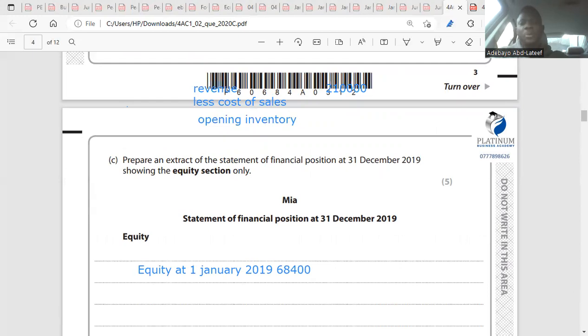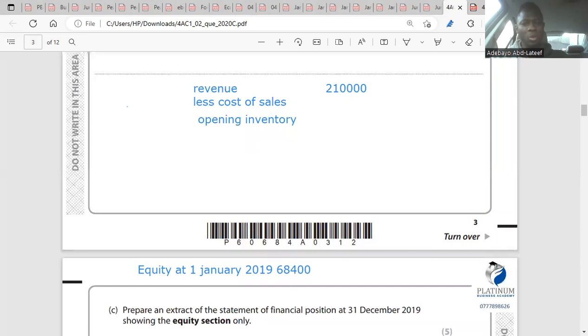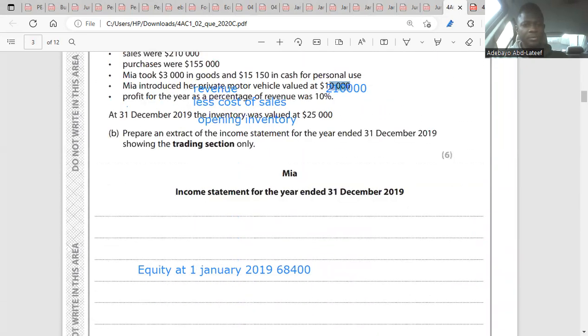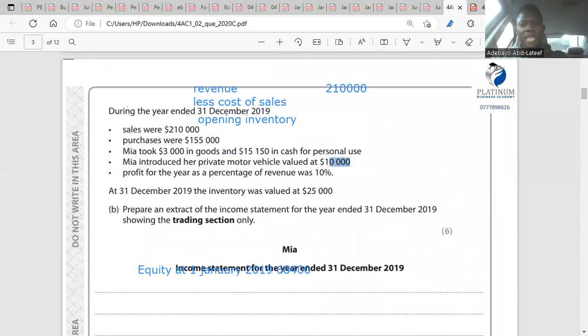Then you add your profit for the year. The profit for the year was 10% of 210,000 based on what we read here. It said profit for the year as a percentage of revenue was 10%. Revenue is 210,000 here, right? So 10% of it is the profit made by Maya.